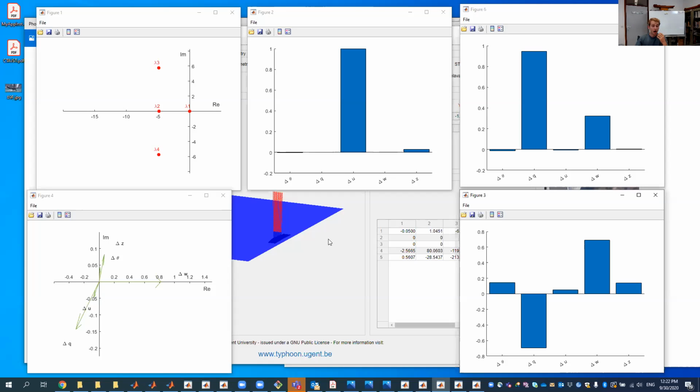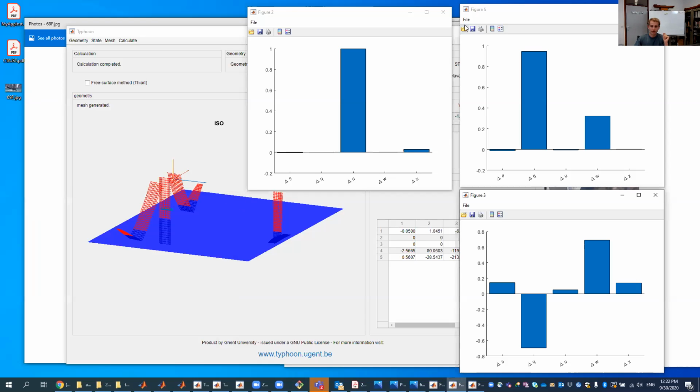So we can also see how far forwards we can move this elevator to still have a stable system. So what's the shortest boat we can have in this design? We can just click this away.